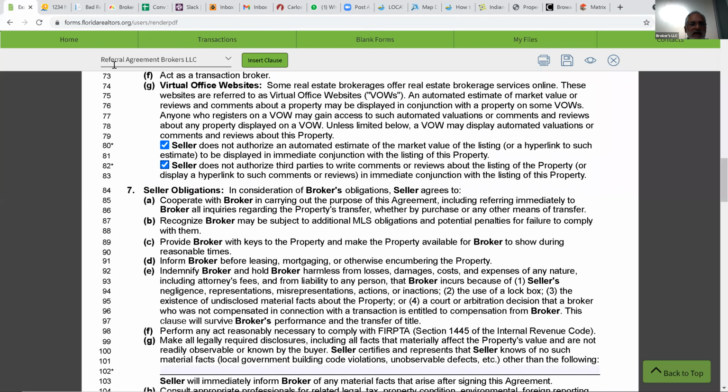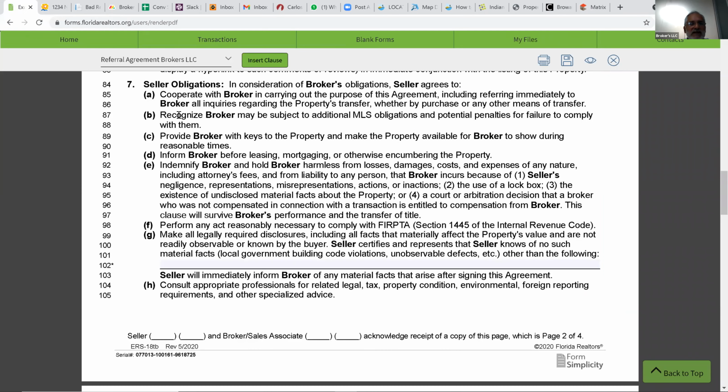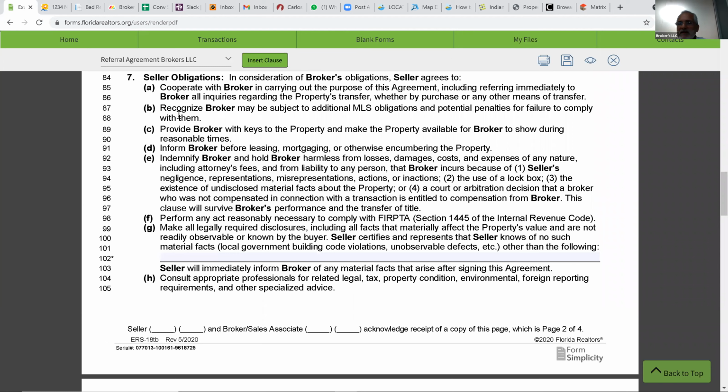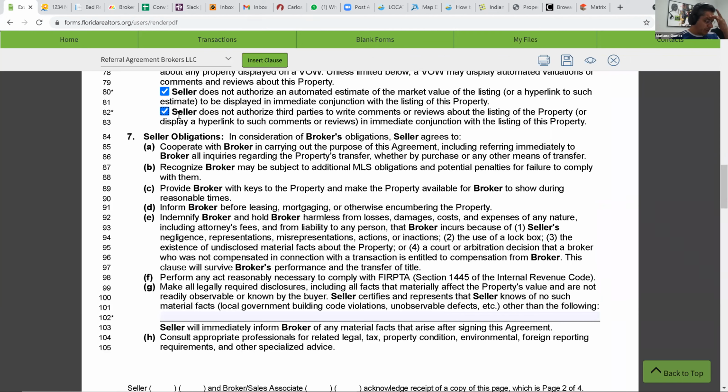Okay, let's go back. Number 7, the seller obligations. Just coming back to the last comment, by hitting no on this AVM and blogging, basically it stops them from giving an opinion or even using those tools on those virtual office websites. So they don't have the ability to replicate my listing on their platform.